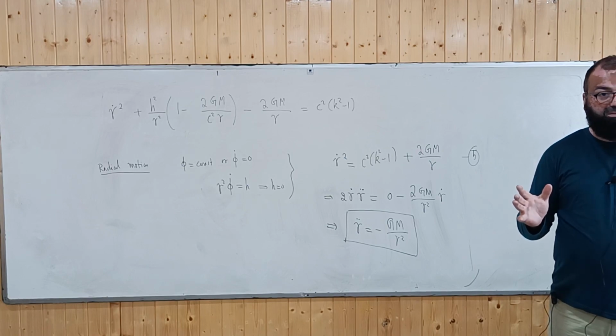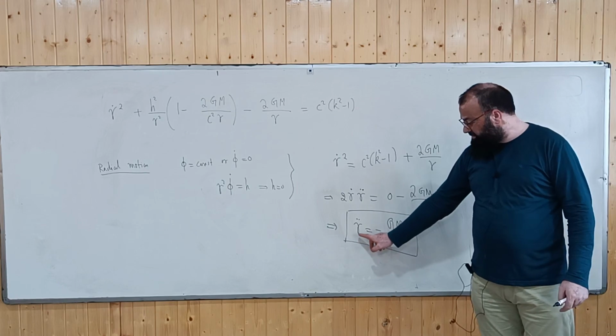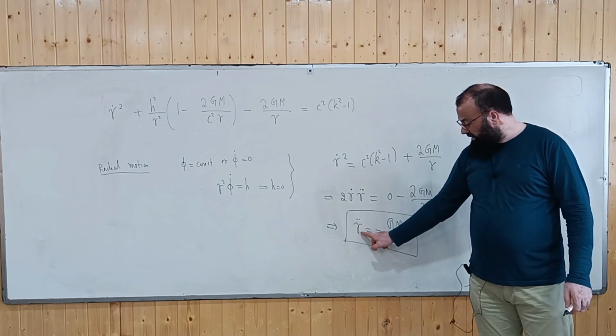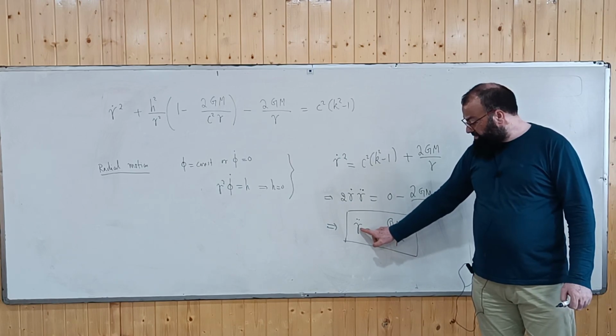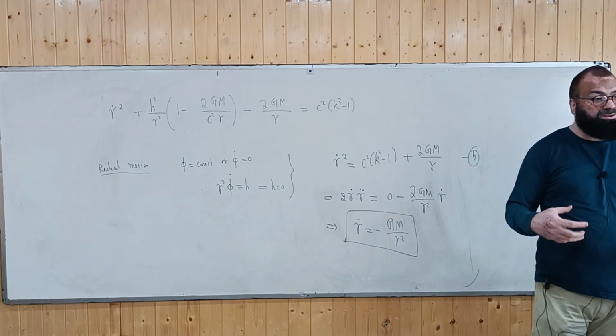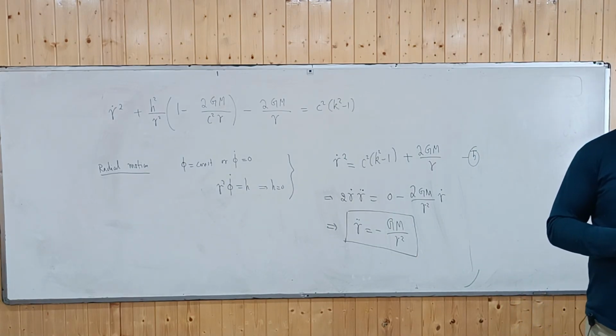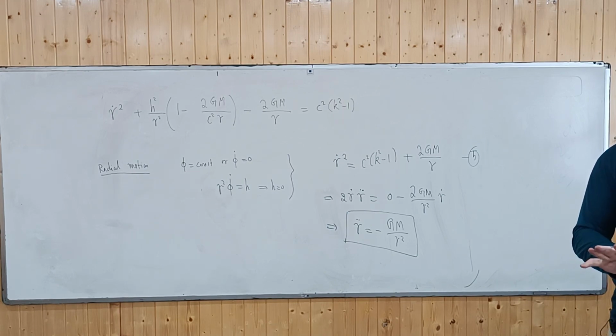The other key difference is that this acceleration is actually the differentiation with respect to the proper time. It's not with respect to the universal time as in Newton's law. Clear? So these are two key differences.